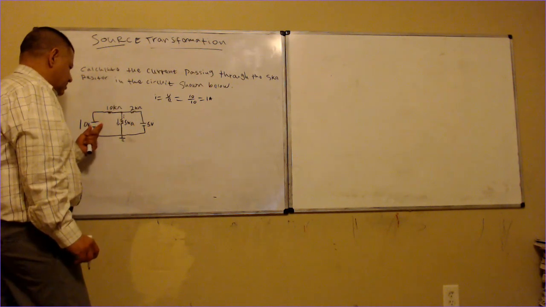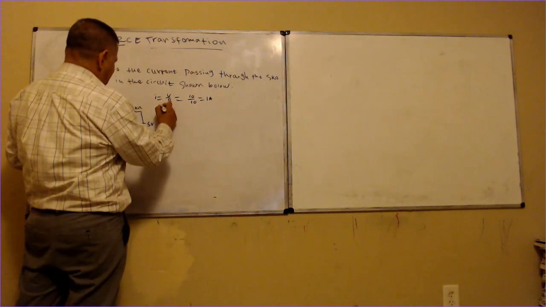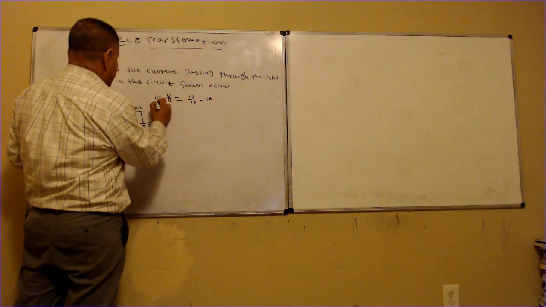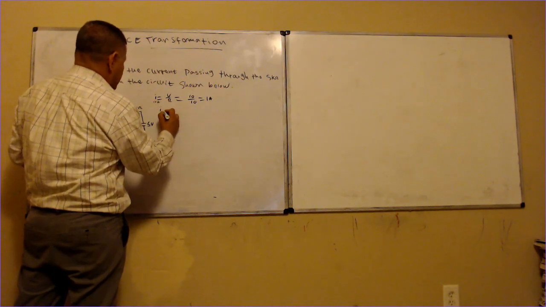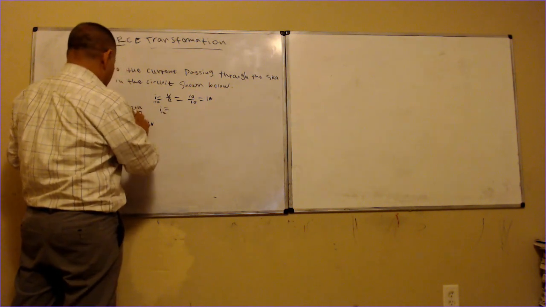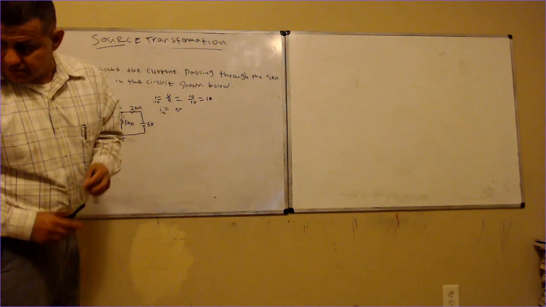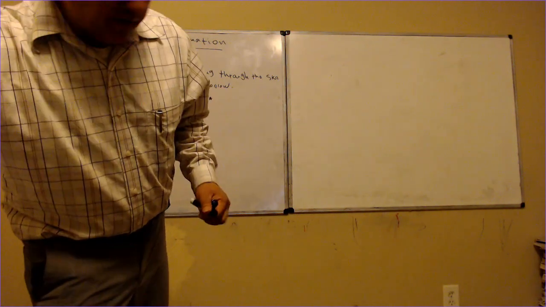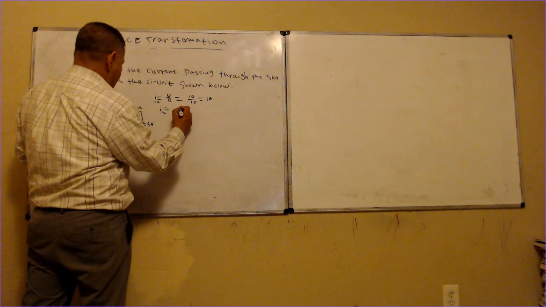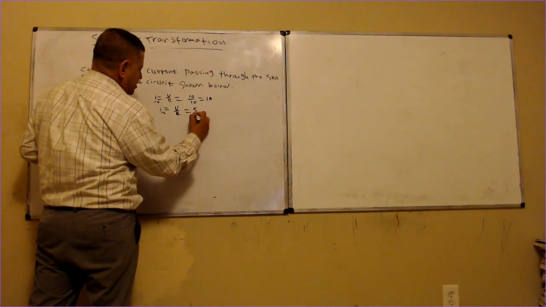Now right here, again, you can call this I 10K, and you can call this I 2K, which is going to be equal to 5 volts over 2 kilo ohms, if you want to do it step by step.